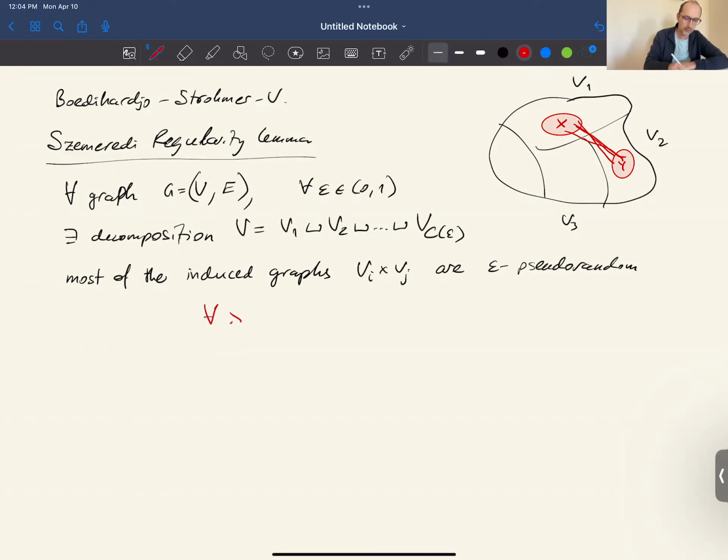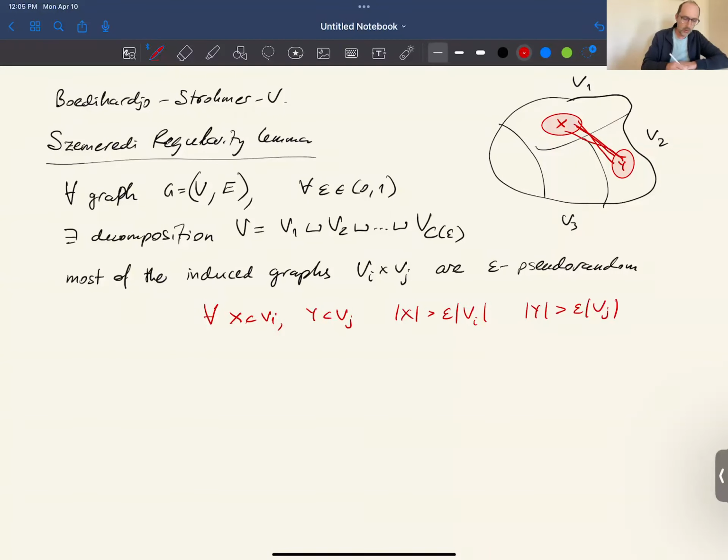For any X in V_i, for any Y in V_j, so that they're not extremely small, otherwise, of course, there will be effects of too sparse graphs.